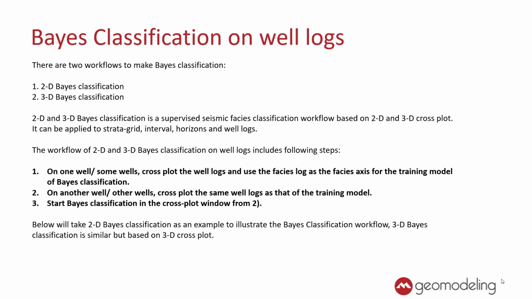The last step is to start the Bayes classification in the crossplot window from the second step. And next, I will take 2D Bayes classification as an example to illustrate the Bayes classification workflow. The 3D Bayes classification is similar, but it is based on the 3D crossplot.